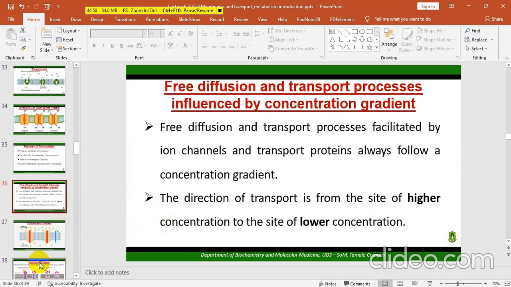Free diffusion and transport processes are influenced by the concentration gradient. Free diffusion and transport processes facilitated by ion channels and transport proteins always follow a concentration gradient. The direction of transport is from the site of higher concentration to the site of lower concentration. We all know free diffusion.